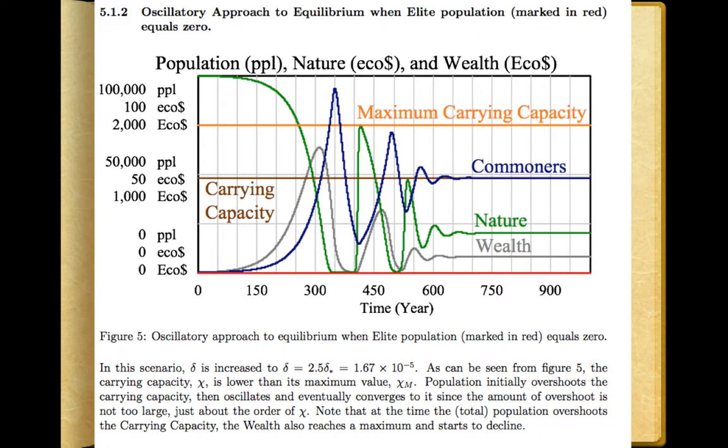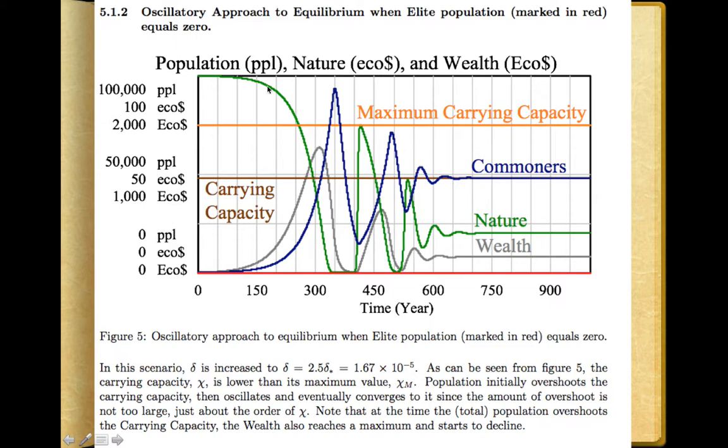So that's one scenario. This is a second scenario, and this happens when you start consuming at a delta that is 2.5 times the sustainable delta, or the delta that maximizes. And when you do that, you start seeing this phenomenon of overshoot, where you exceed your carrying capacity, and then the system self-regulates.